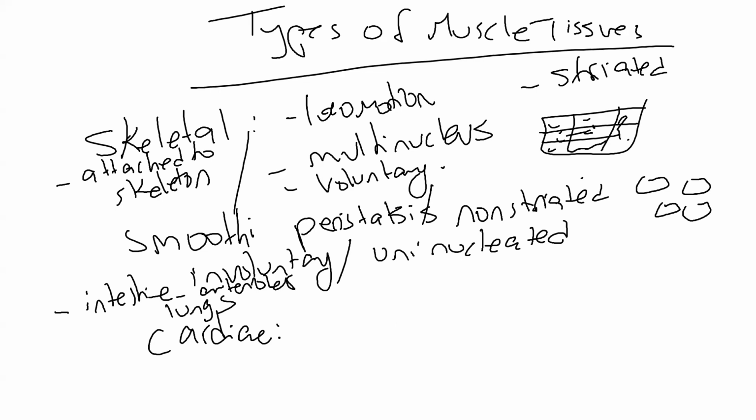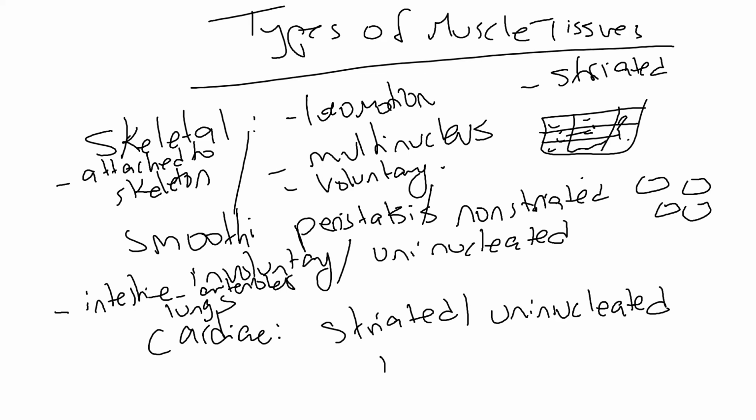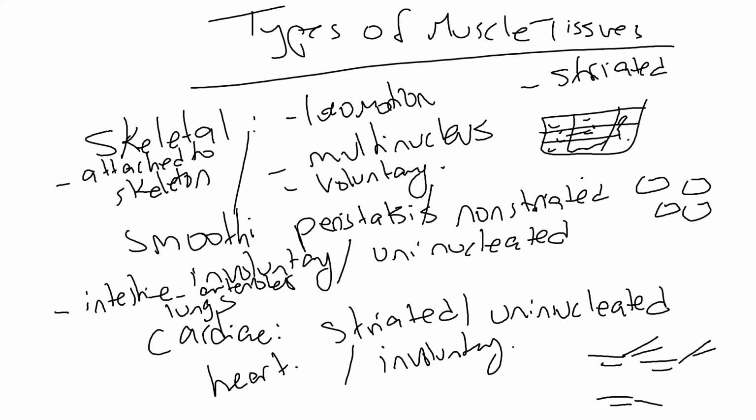Okay. However, the cardiac muscle is striated like the skeletal muscle. It's uninucleated. So the skeletal is multinucleated, the smooth is uninucleated, and the cardiac is uninucleated. It's involuntary. Location is the heart. And it looks like this. One nucleus, one nucleus, one nucleus.